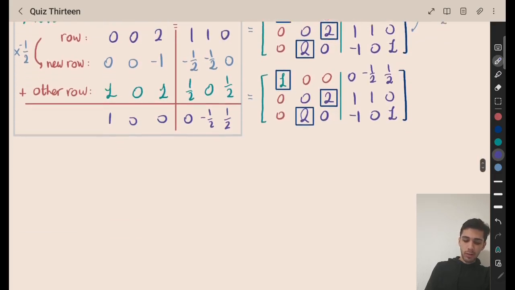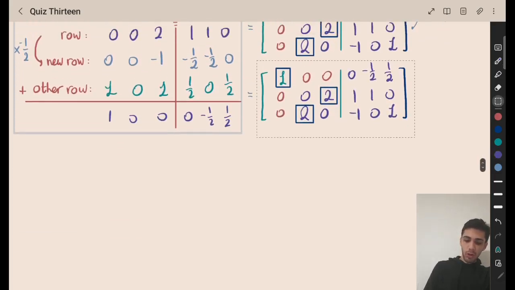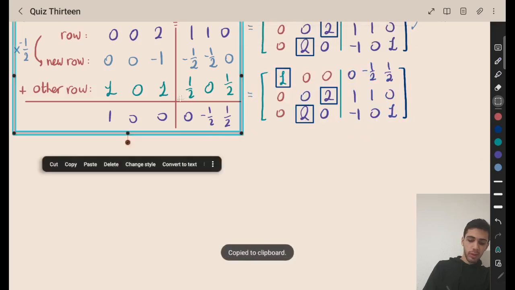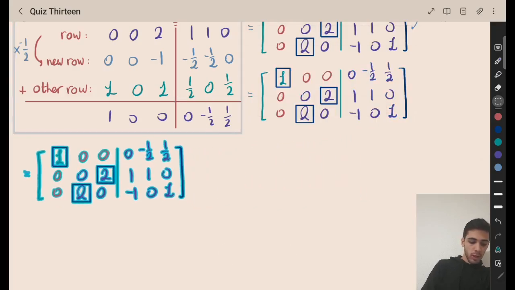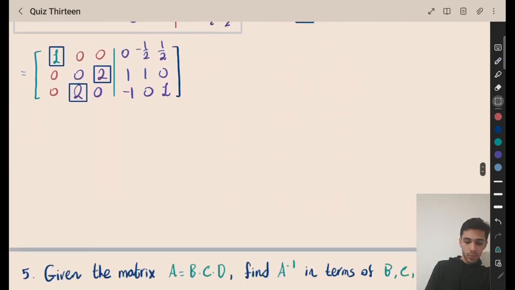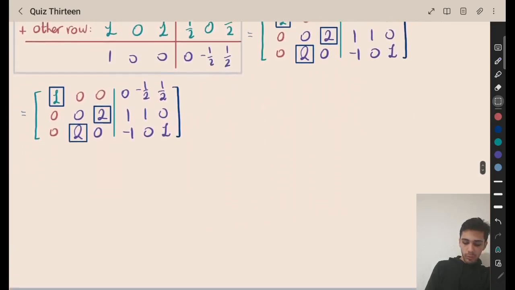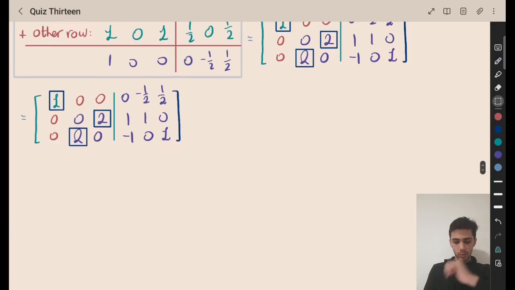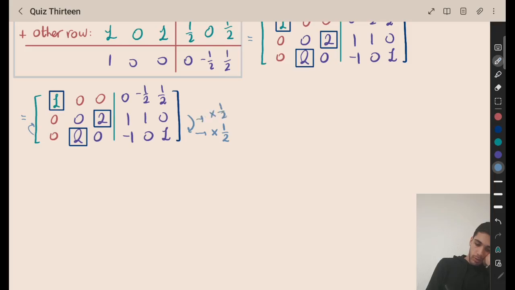Now finally, well, almost. Yeah, so we're almost there. I just need to do 2 things. The first thing is I need to switch this row for that row, and I would like to multiply this by a half, and multiply that by a half. The whole row, I mean.